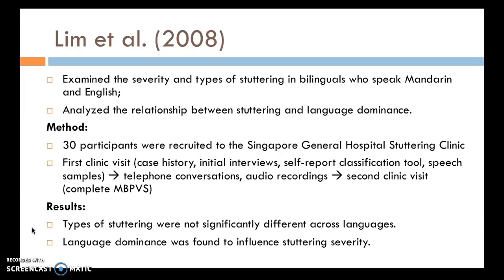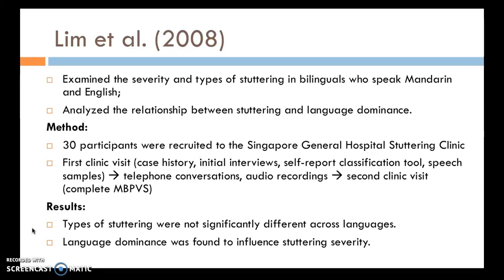This self-report classification tool was used to divide participants into one of the 3 language dominance groups: the balanced bilinguals, the English dominant, and the Mandarin dominant. Also, they obtained speech samples in both Mandarin and English.